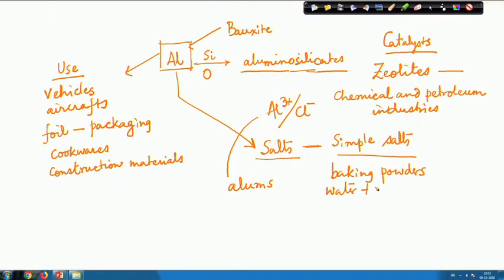The potassium aluminum sulphate, the phitkari, we all know for water treatment purposes. Then simple aluminum sulphate can be utilized for dyeing of textile materials, or textiles.